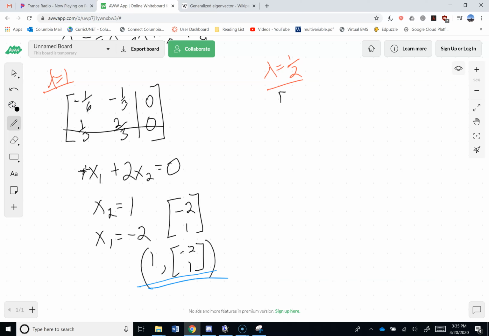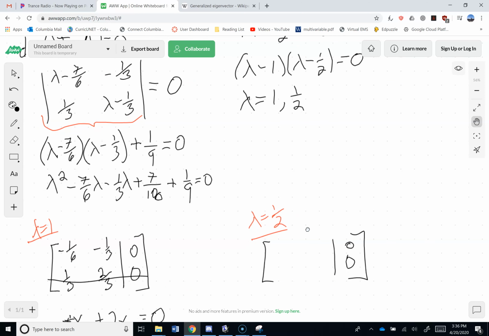And the other one, I'm going to need to scroll back up so I can see again. And that's a half minus 7/6, which is -2/3. Then I have -1/3 and 1/3 and a sixth.